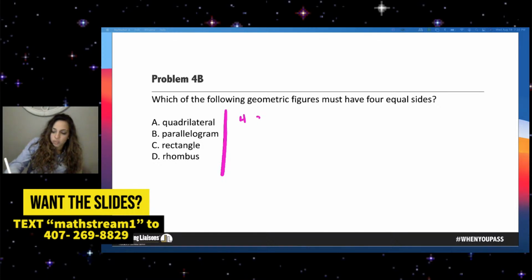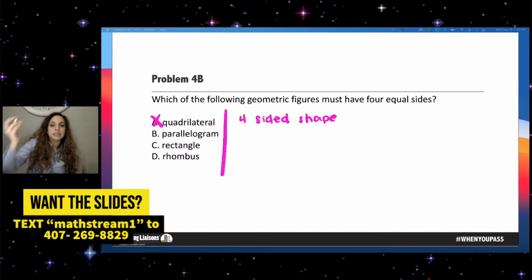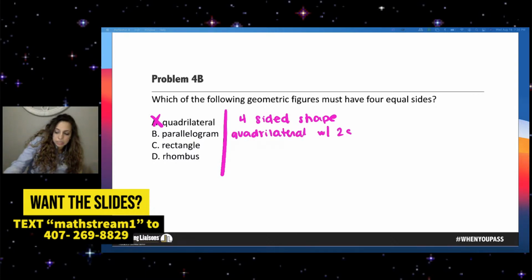A quadrilateral is a 4-sided shape. So it doesn't have to have 4 equal sides. It's just any 4-sided shape. So it's definitely not quadrilateral. A parallelogram is a quadrilateral with two sets of congruent parallel sides.